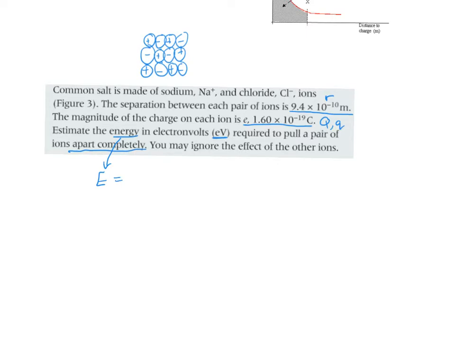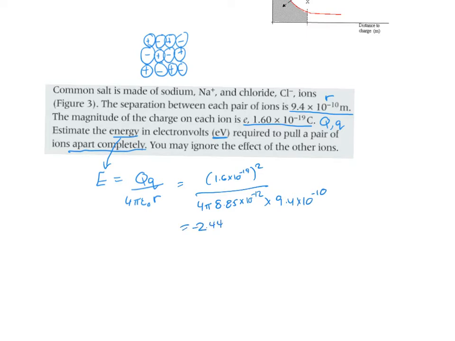So we know that it's Qq over 4 pi epsilon naught r. We just simply put the values in the equation. So we have 1.6 times 10 to the minus 19 times the same thing, so I'll just write squared, over 4 pi times 8.85 times 10 to the minus 12 times the separation, 9.4 times 10 to the minus 10, which gives us about minus 2.44 times 10 to the minus 19 joules.